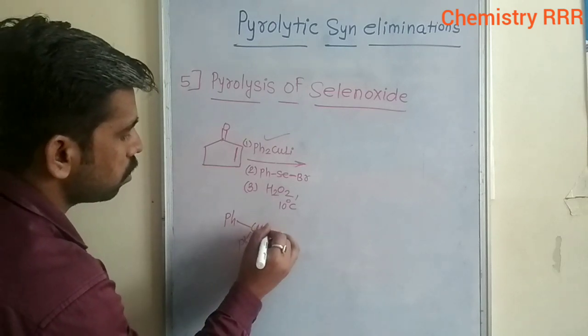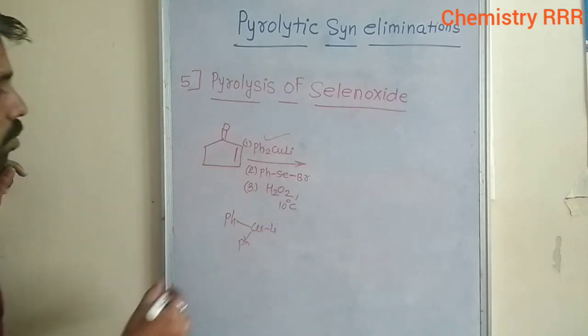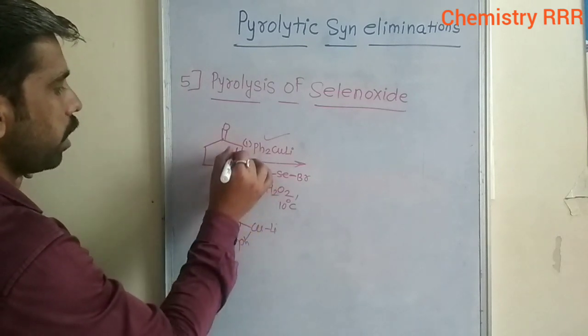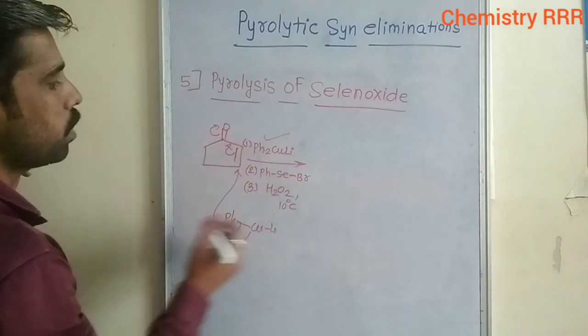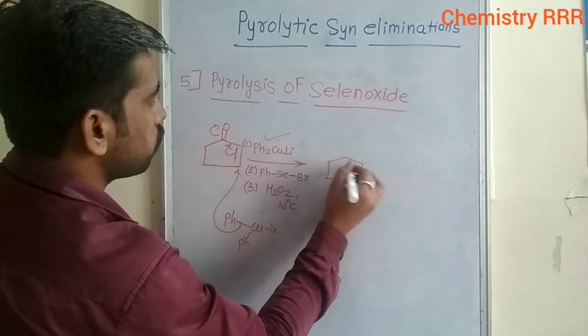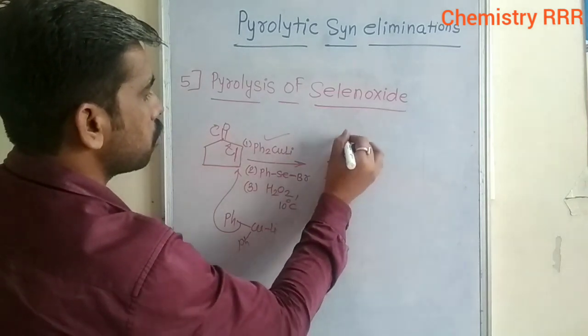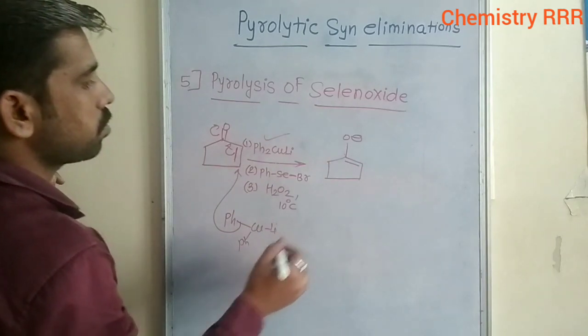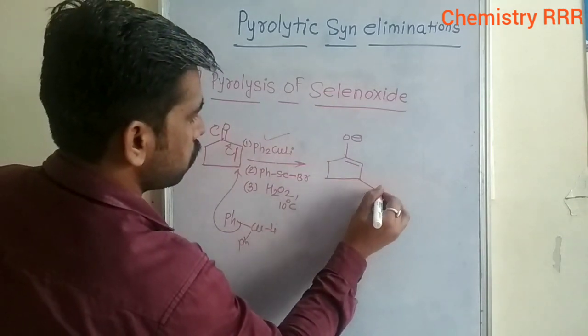Ph2CuLi. Okay, this is a conjugate attack of this Gilman reagent in the first step.